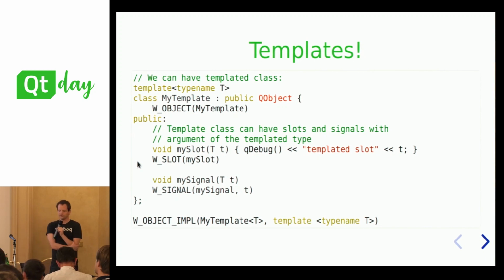So you cannot normally do that in Qt, because the moc would complain, wouldn't want to generate the code for this. But here you can. So the small difference is that you need to tell the macro that it's a template class. But other than that, it looks the same as the previous class.